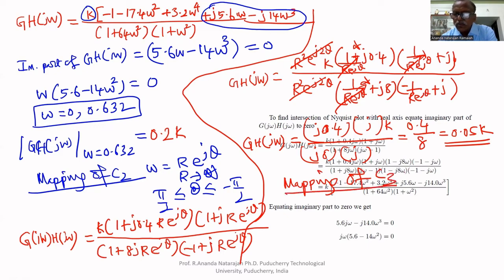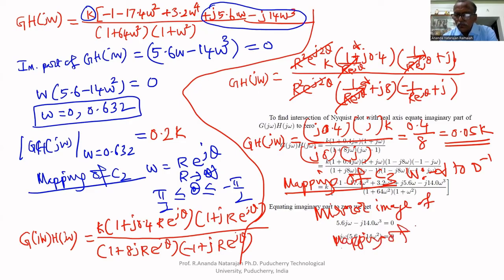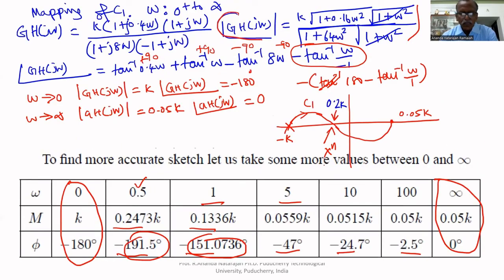Now we have to find the mapping of C3, that is omega varies from minus infinity to 0 minus. For that, the mapping is the mirror image of the mapping of C1, which means it will be like this.